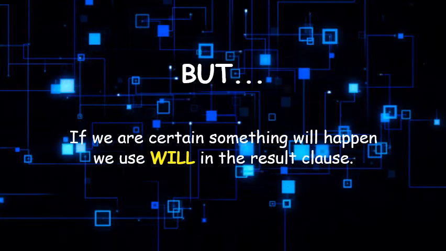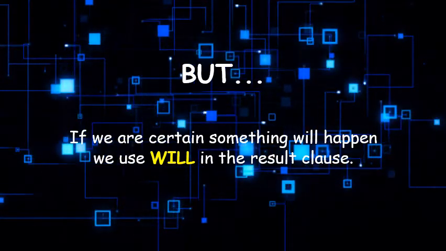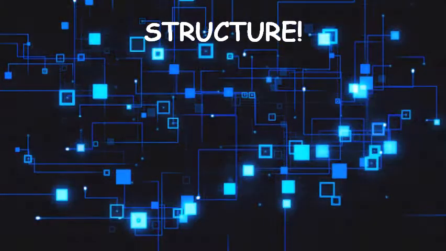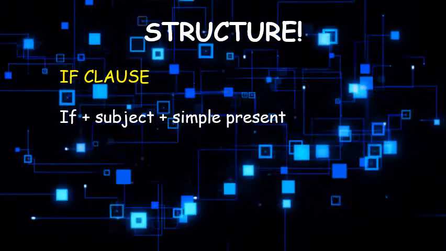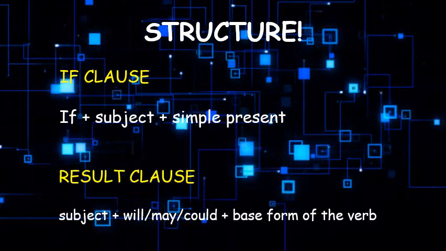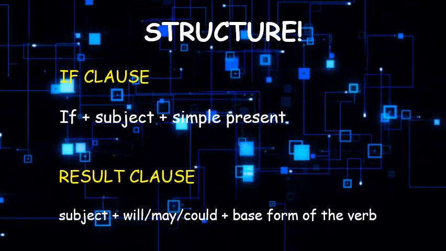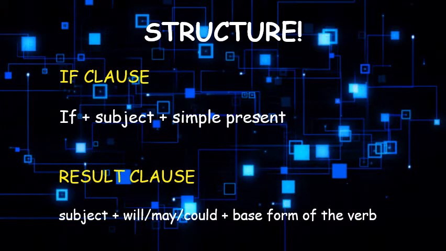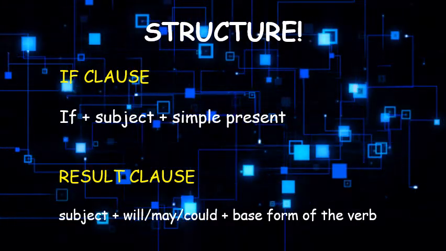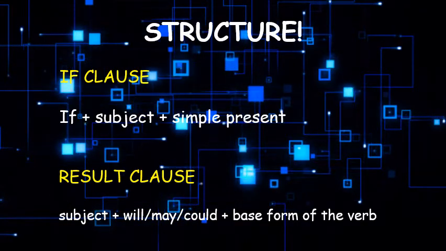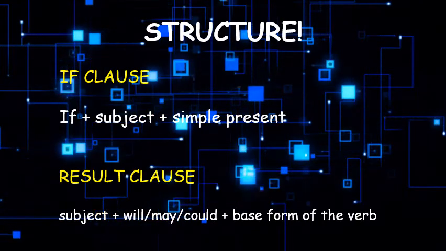But if we are certain something will happen, we have to use will in the result clause. And the structure is this one. The if clause plus the subject plus the simple present, and the result clause is the subject plus will, may, could plus the base form of the verb. May and could, yes, because they express future possibilities, right? You don't know, it could happen, podría pasar, you say. It may happen.